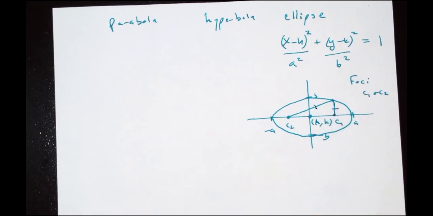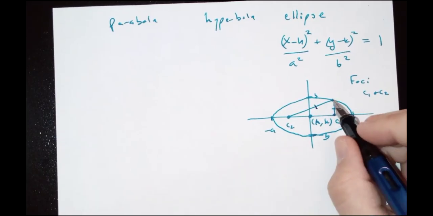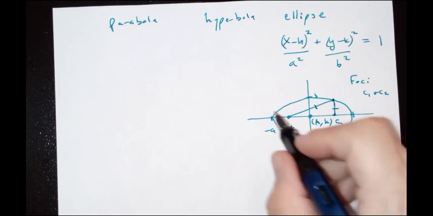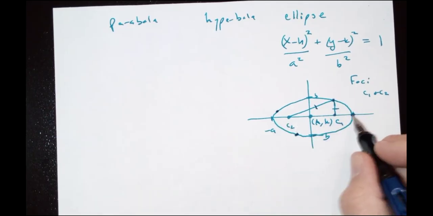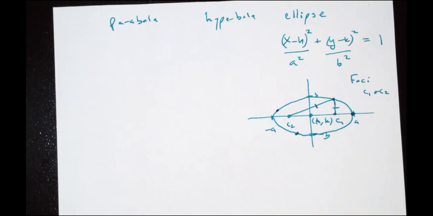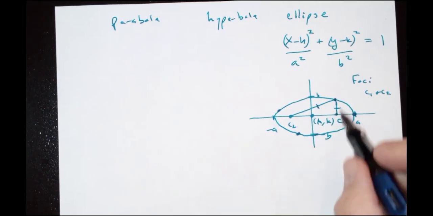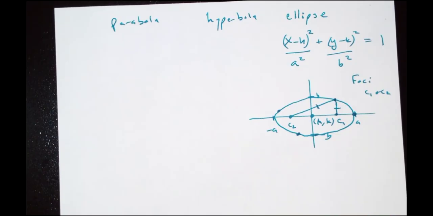I don't care if you go to that one point, or a point down here, or a point over here, or even if you go to A itself. The total distance adds up to be the same. By the way, it turns out to be exactly the same as the distance across the widest part of the ellipse.